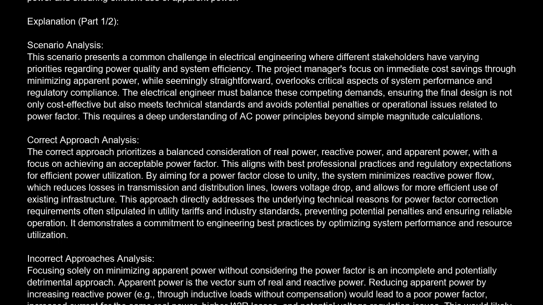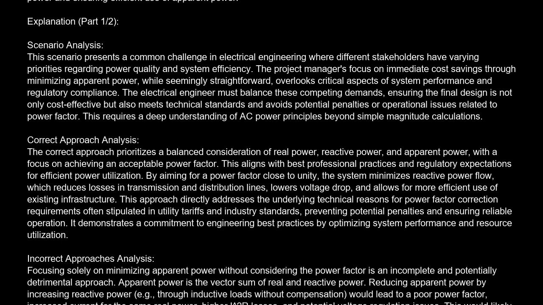This approach directly addresses the underlying technical reasons for power factor correction requirements often stipulated in utility tariffs and industry standards, preventing potential penalties and ensuring reliable operation. It demonstrates a commitment to engineering best practices by optimizing system performance and resource utilization.